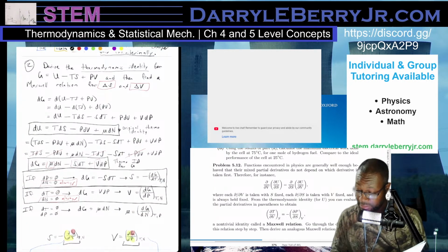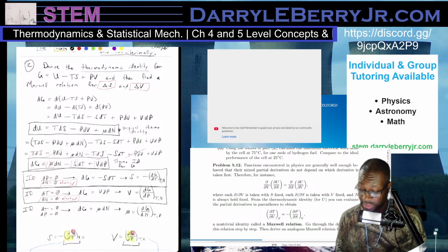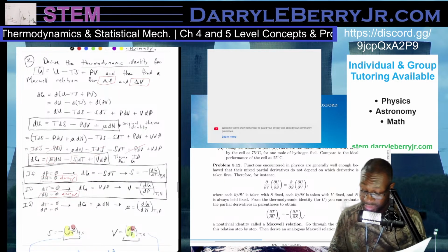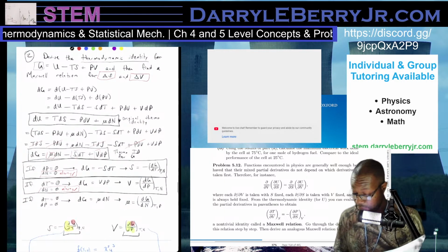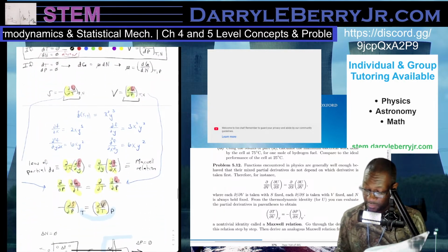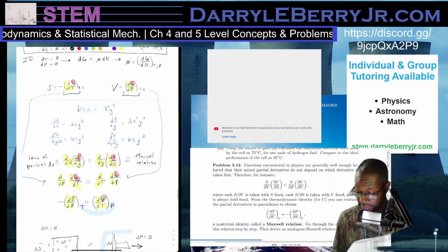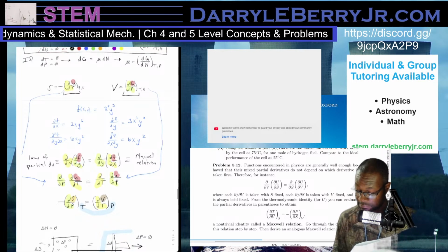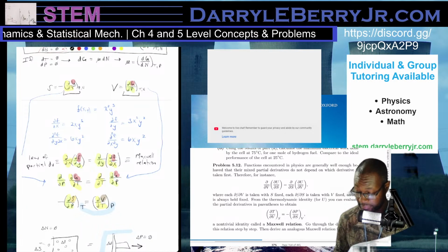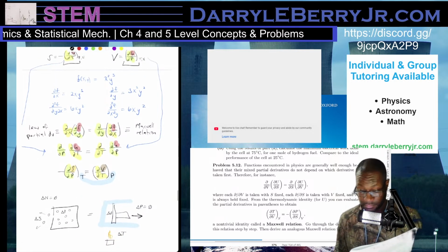The thermodynamic identity is just taking the derivative of the equation of the function. So the thermodynamic identity for G is just basically dG here. And the Maxwell relation, this is what I was covering earlier for those who didn't see, is the law of partial derivatives applied to thermodynamic properties.